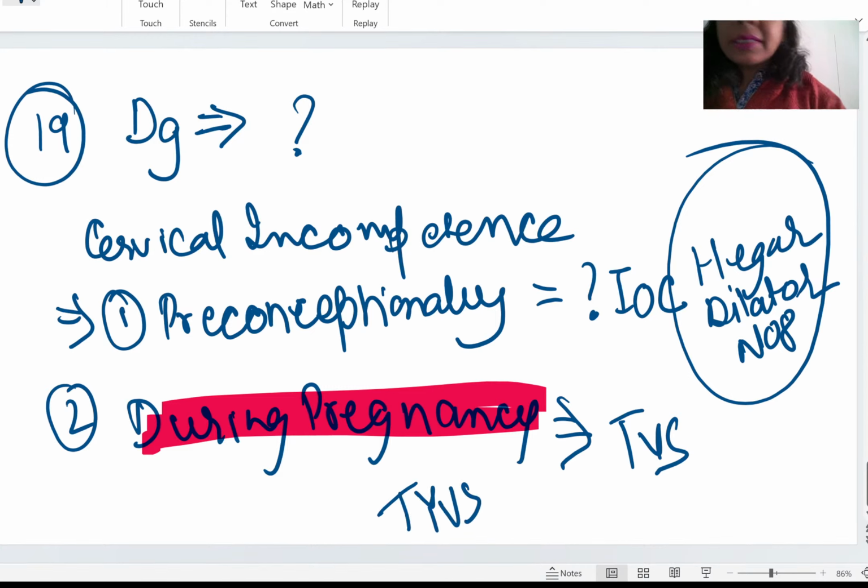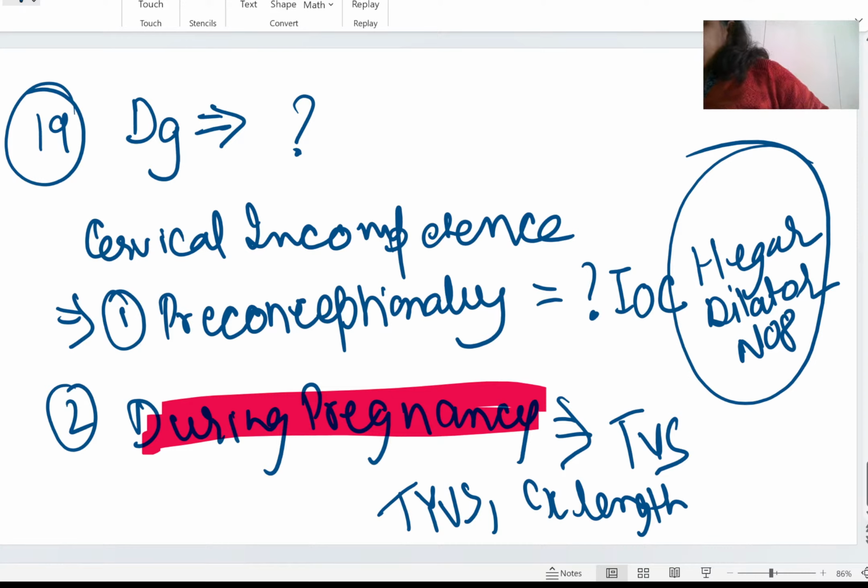We see the cervix shape plus the cervix length. Because in the question the patient has come preconceptionally and the Hegar dilator test was not there, we go to the second option.